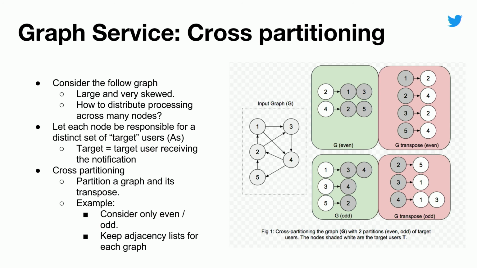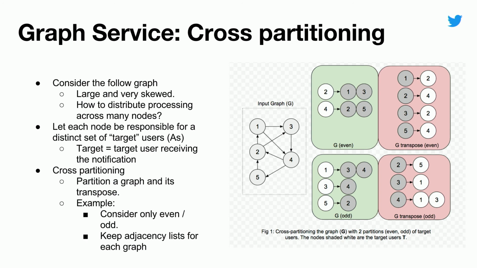A simple way to do it is to partition by the target user. So in our overall system, we want some node to be responsible for a subset of target users. And once we have that, we partition our graph in a way where we keep two types of partitions. On the right is an example.